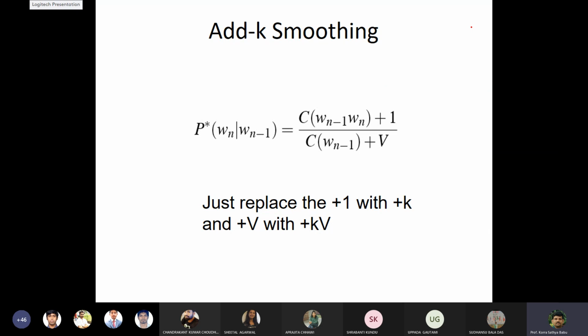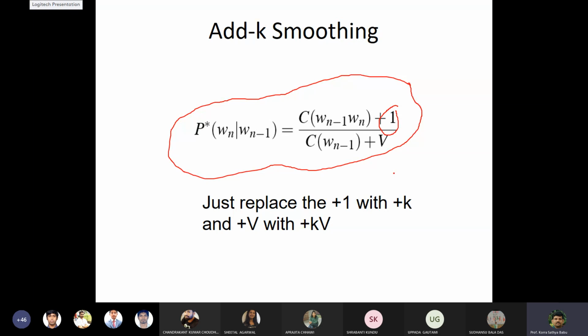Similar to the add-one estimate, we can also have add-k estimate, or add-k smoothing. The formula we saw is conventionally for the add-one estimate. What we do is, instead of plus 1, we give plus k.